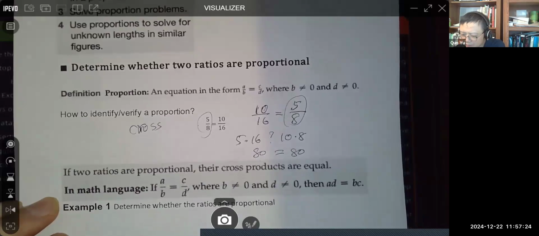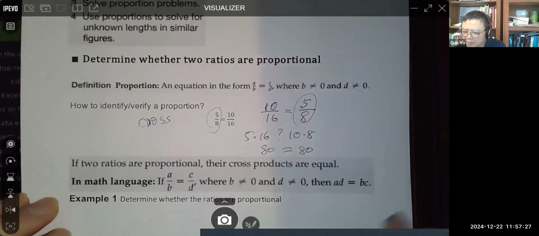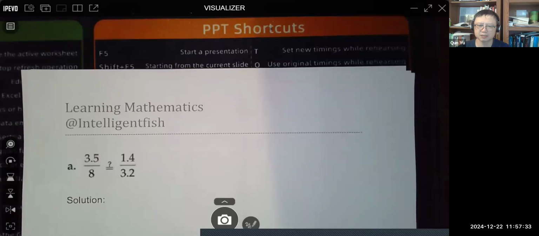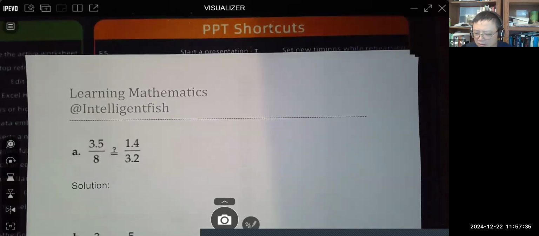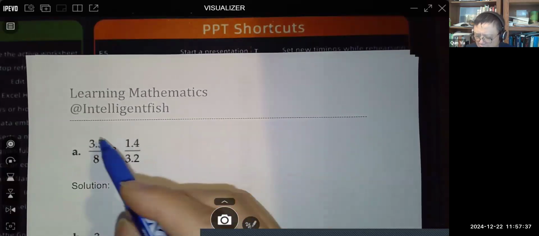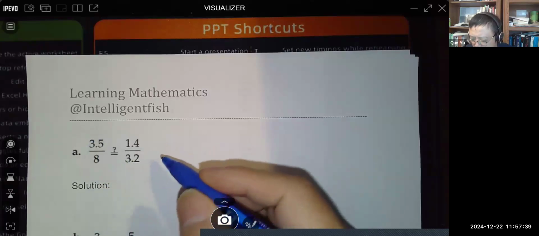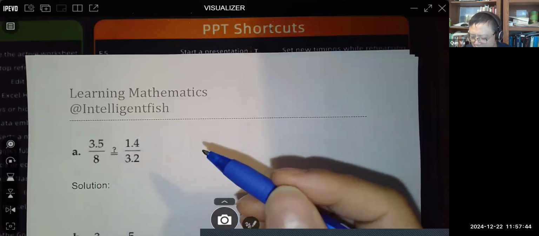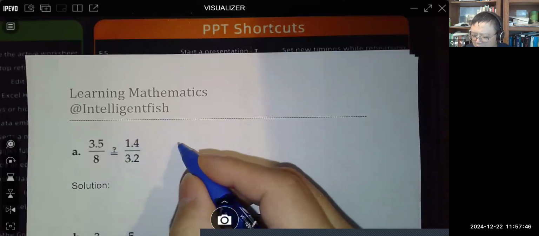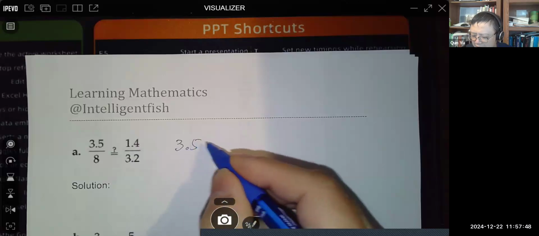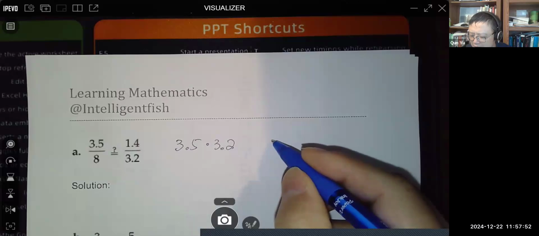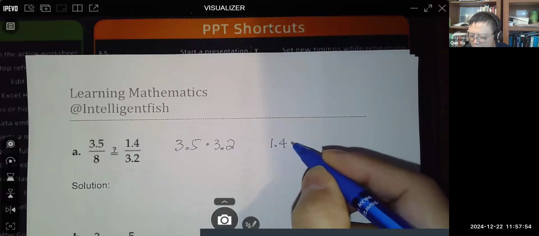Now let's look at our first example, determine whether the ratios are proportional. We have 2 examples, and let's look at those one by one. We just go ahead and do the cross multiplication. That's the easiest way, easier than simplifying fractions with decimals in them. So we do cross multiplication: 3.5 times 3.2 on one side, and the other side is 1.4 times 8.